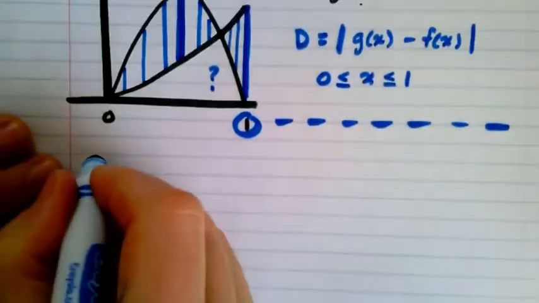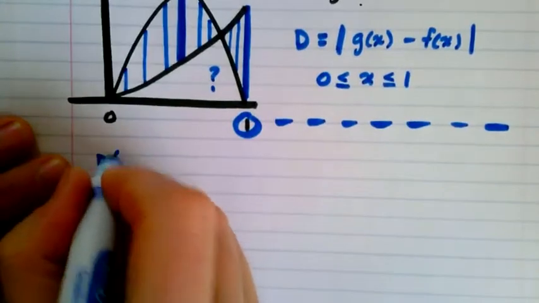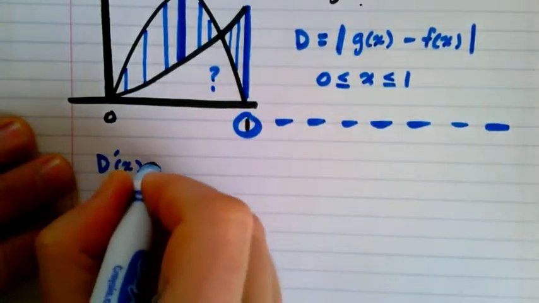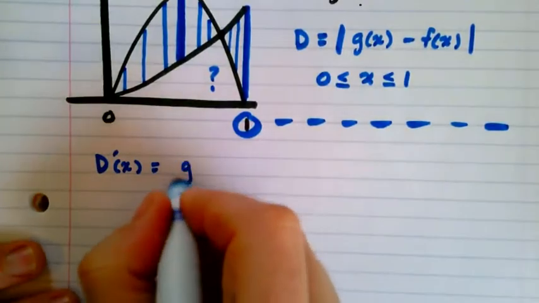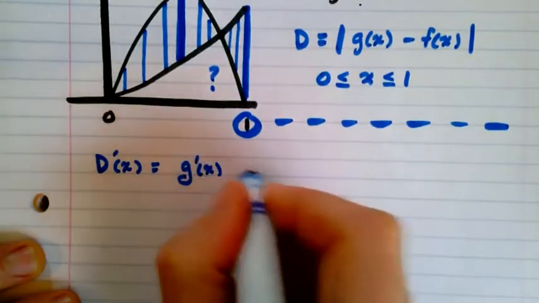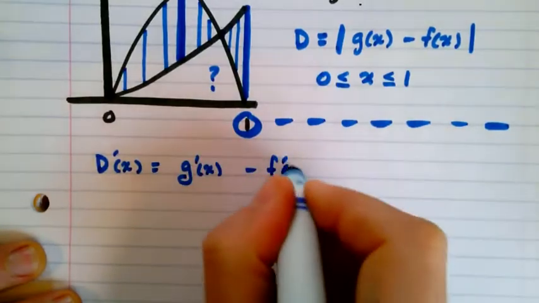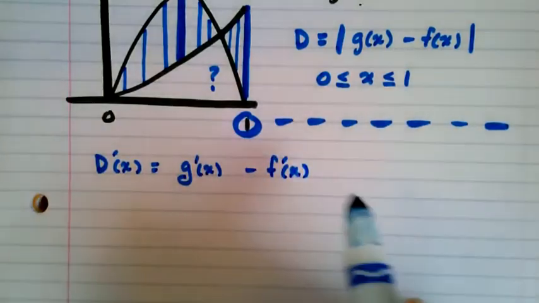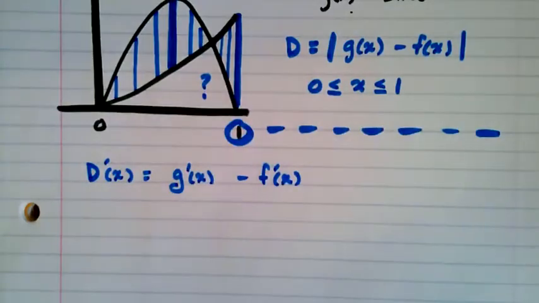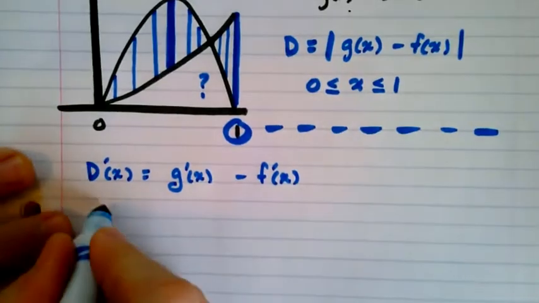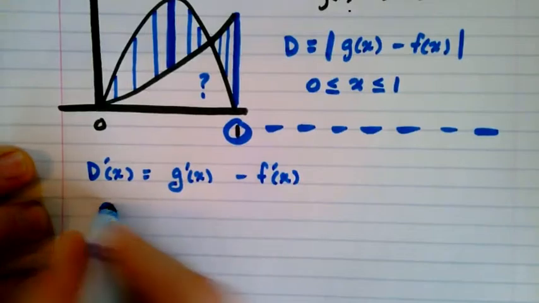Stage 2 is going to look like this. I have to take the derivative, and the derivative would just be the derivative of g minus the derivative of f. I'm not worrying about the absolute value for the moment. So let's see, we want to know when this is 0.